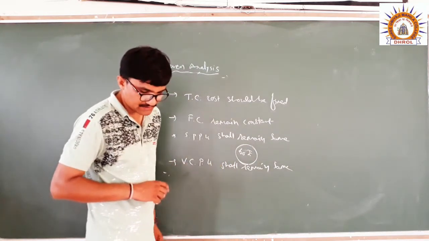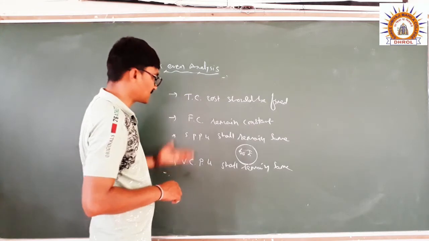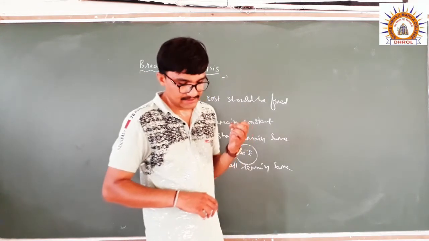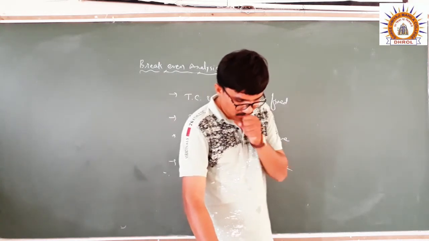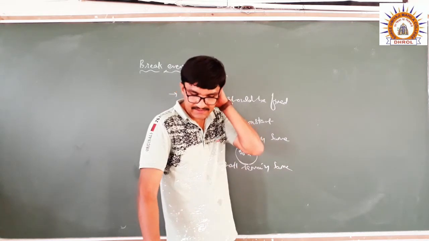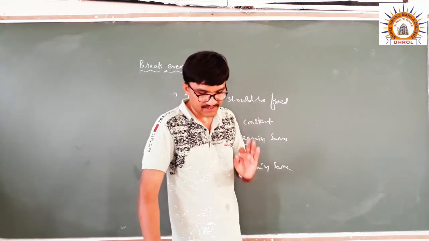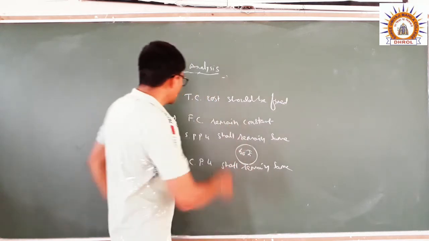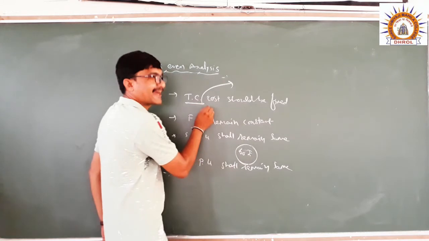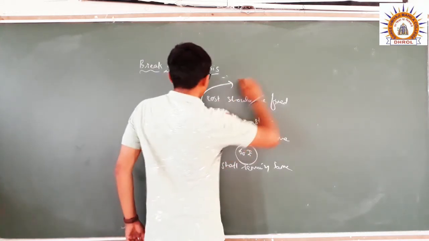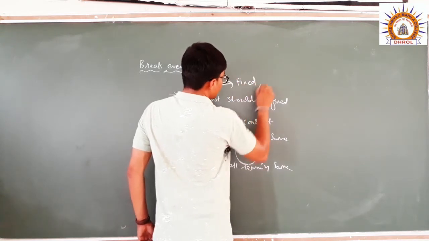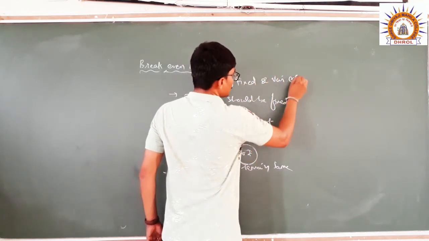These four are the basic assumptions of break-even analysis. According to your book, the total cost can be clearly classified into fixed and variable cost. Here it is the total cost that is classified into fixed and variable cost.